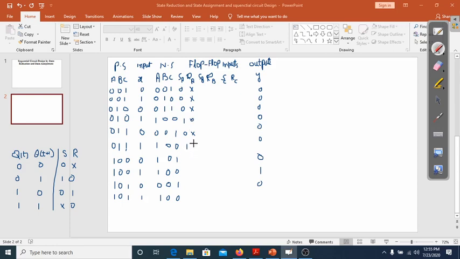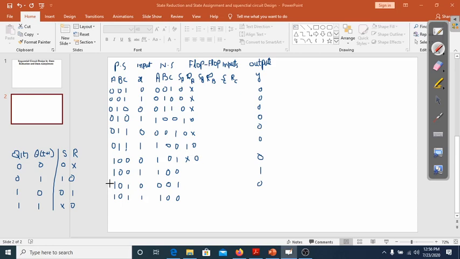Here the reset is 0 because the present state was 0, next state is 1. Here present state is 1, next state is 1. So in this case, set is don't care and reset must be 0.